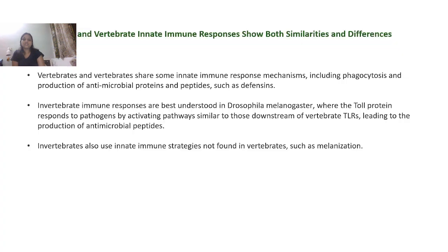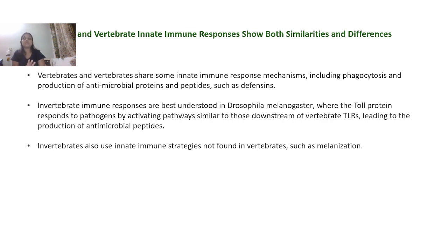Innate invertebrate and vertebrate immune responses show both similarities as well as differences. Vertebrates and invertebrates share some innate immune response mechanisms, including phagocytosis and production of antimicrobial proteins and peptides as defenses. Invertebrate immune responses are best understood in Drosophila melanogaster, where toll-like receptor signaling was first understood.